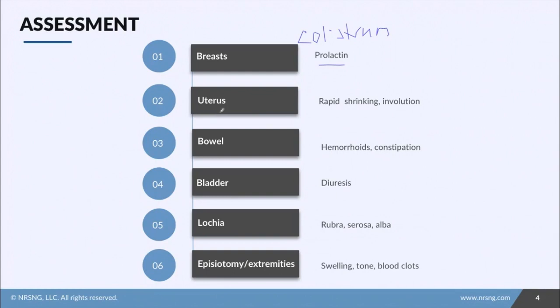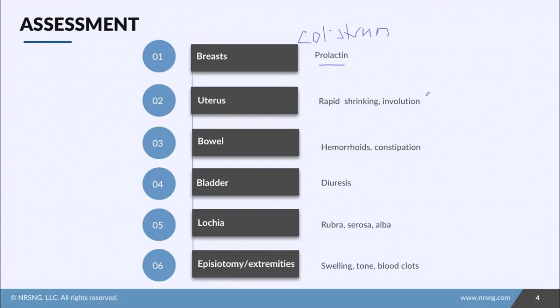All right, our uterus. With this, we have rapid shrinking and involution occurring. That uterus is undergoing a major change, right? It just contracted and pushed out a baby, and now it's going to rapidly shrink and have involution occur as it goes down into the pelvis.